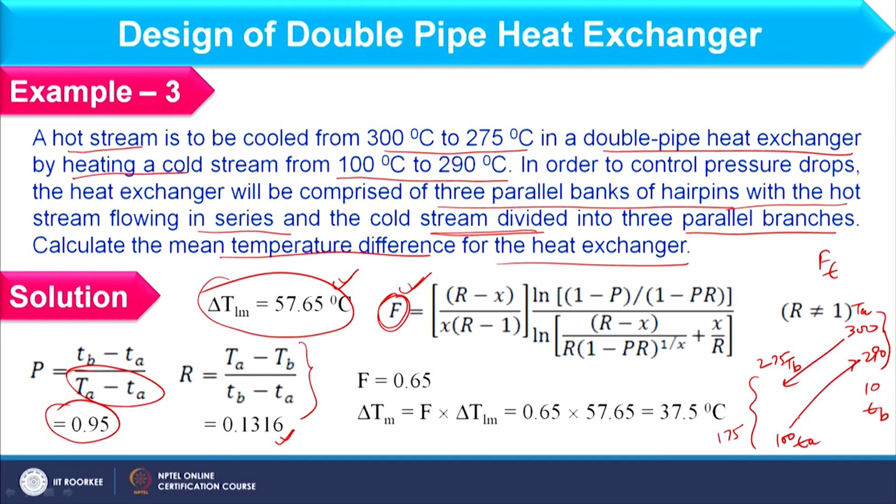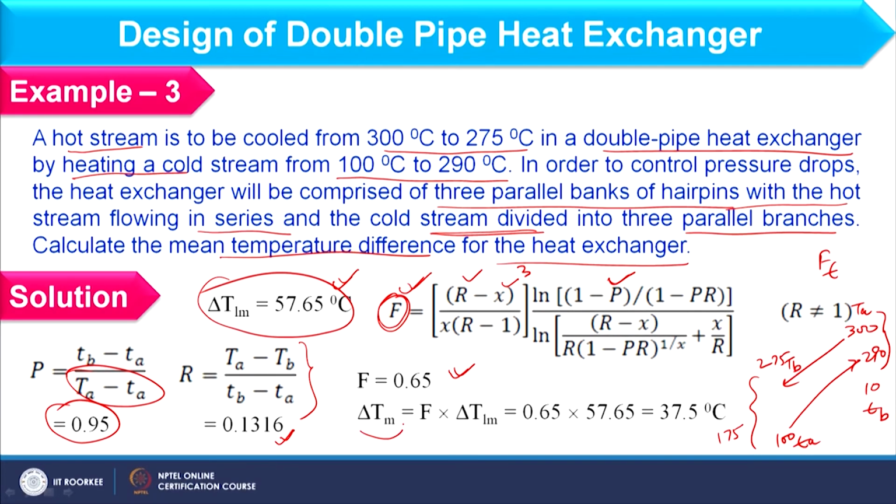Here, in the expression of FT correction factor, we know R, we know X, X will be 3 in this case, and P value we have already calculated. So, considering all these values you can find out FT correction factor as 0.65.